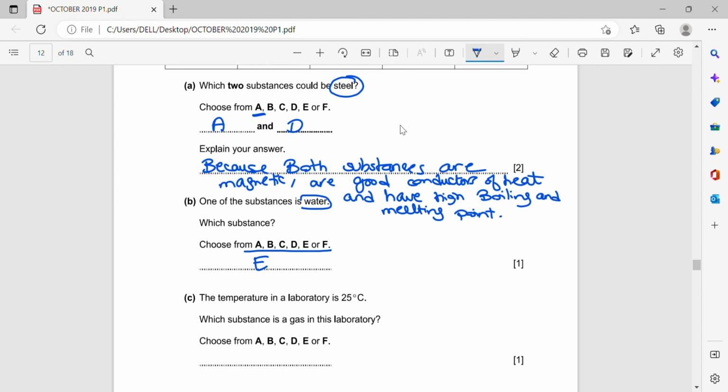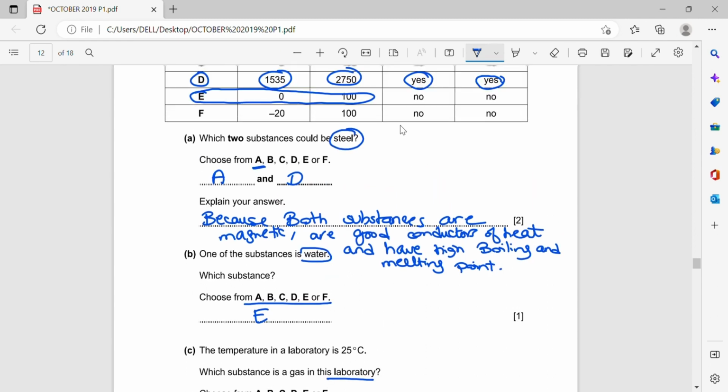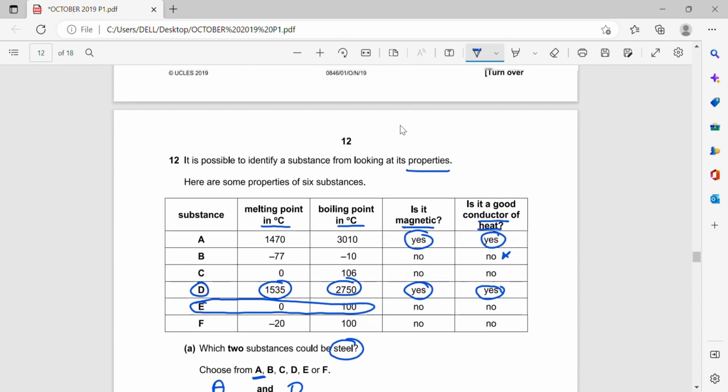The temperature in a laboratory is 25 degrees Celsius. Which substance is a gas in this laboratory? We look for a substance that is a gas in the laboratory at 25 degrees Celsius. Which substance is a gas at 25?